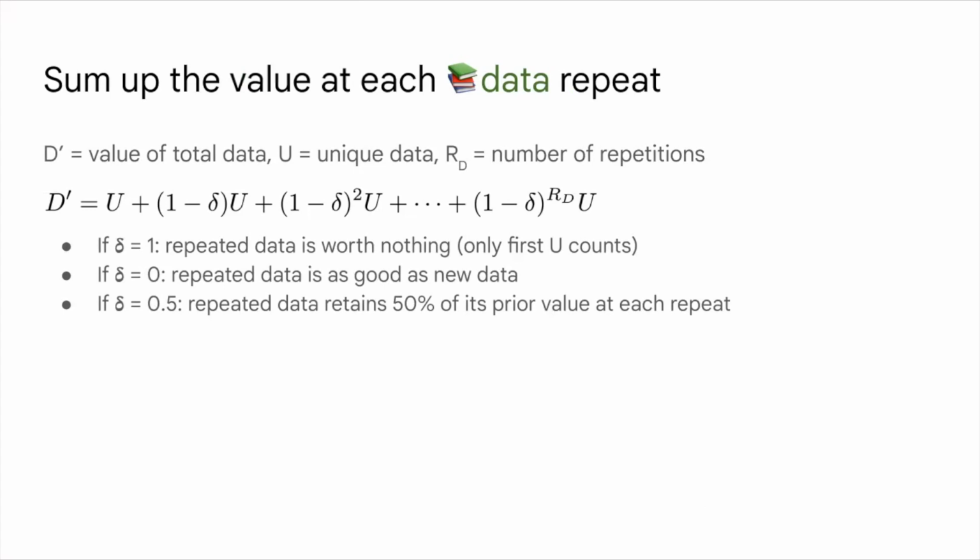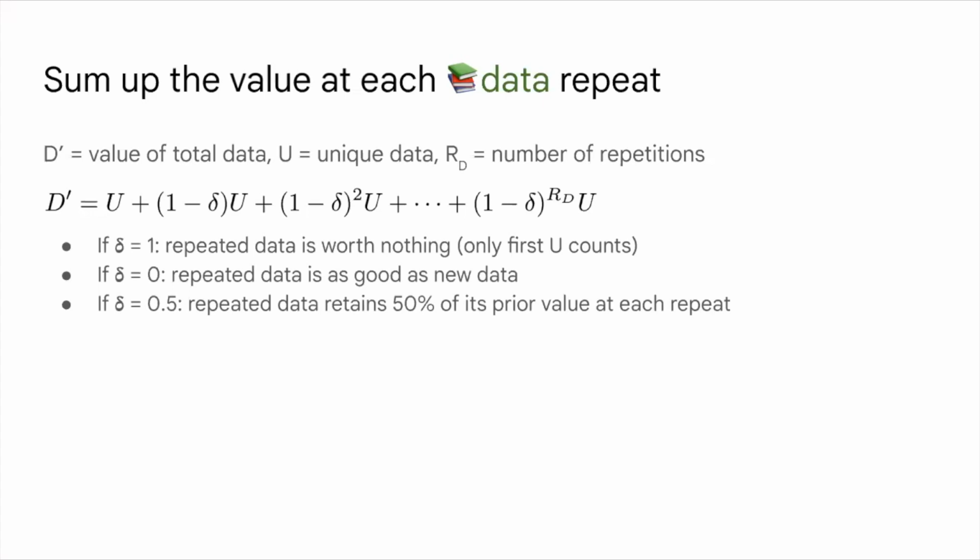At the first point in time, the first time we see the data, it has its full value, it's just U. Then at the second point in time, it has lost some fraction delta of its value, so it retains 1 minus delta. And then at the third time, it loses again a fraction delta of its value, so it retains (1 minus delta) squared, and it becomes smaller and smaller until we reach the number of repetitions.